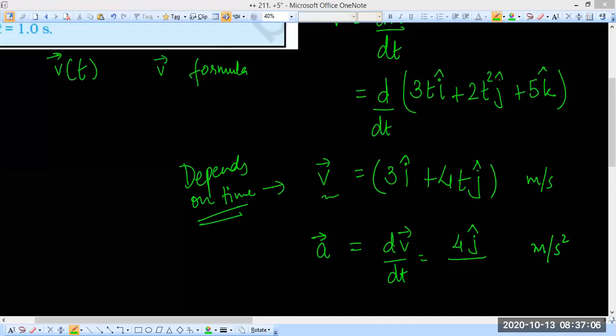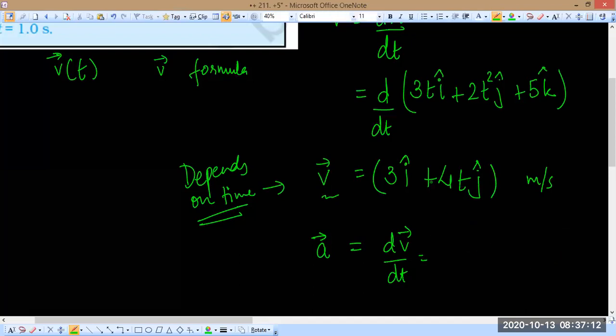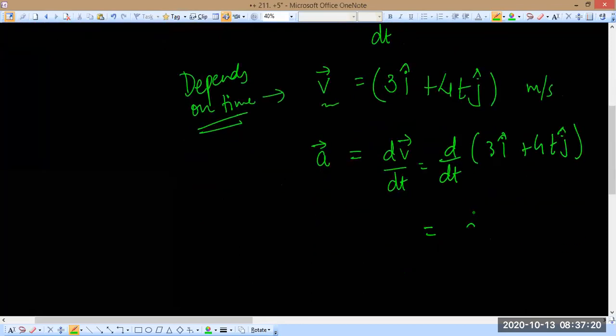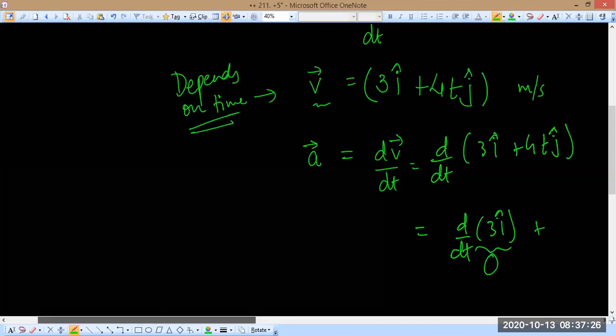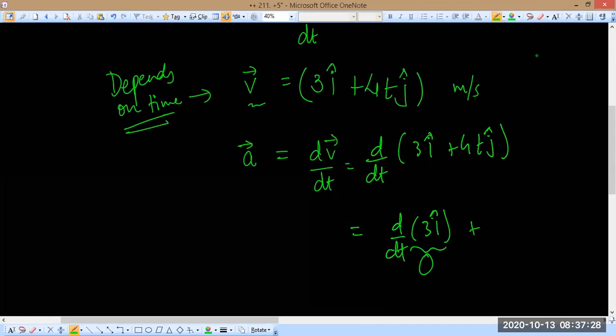No Ayushi, because differentiation of a constant will be 0. See, when you try to do it, there is no t in the first term, right? There is no t in the first term. So when you do differentiation of 3I caret, this is going to be 0, right? Because it's a constant. All right.